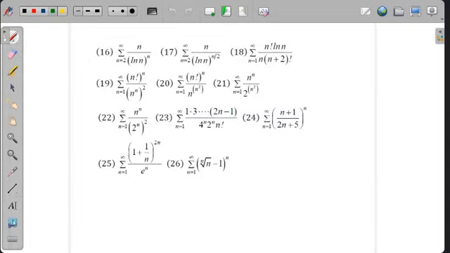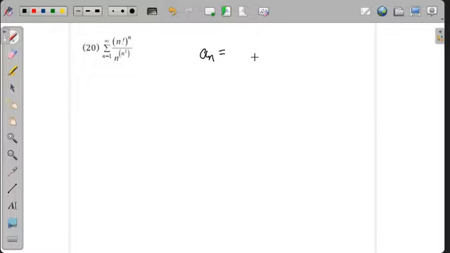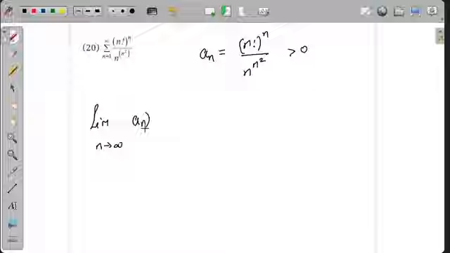So let's pick up 20. So what is a_n here? a_n is n factorial power n over n power of n square. It's anyway positive, so no issue. So let's apply the nth root of it, that is a_n whole power 1 by n.